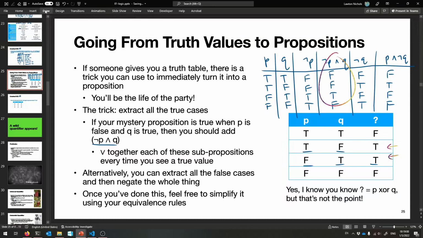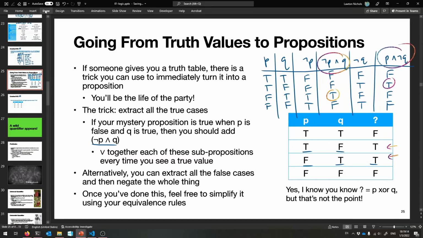With this one, we picked this one out. We made it just true right here. With this one, we picked this row out, and we made it just true right there. See how if we ORed together both of these, we would get this final answer, because it would be true from this one up here, true from that one up here, and false in the other two.